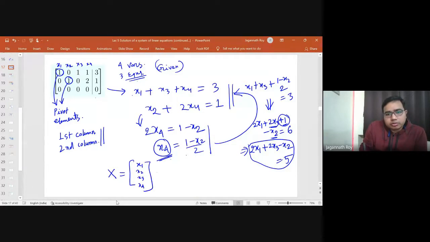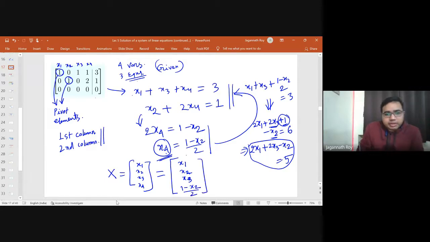X4. So what you have to write is, for example, x1, x3, x2, and then x3, and x4 you write 1 minus x2 divided by 2.